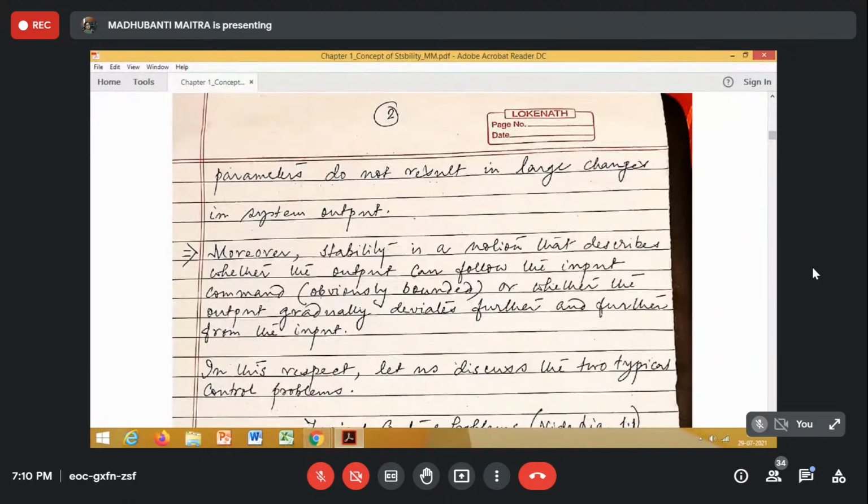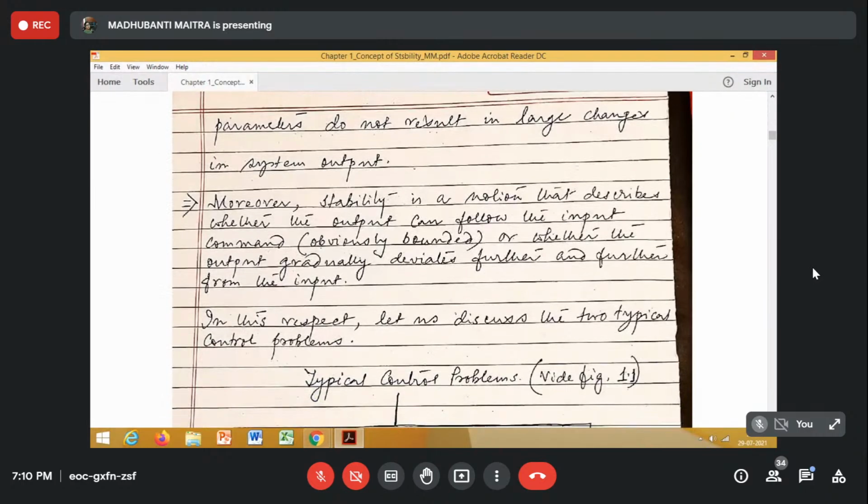Okay. So, moreover, stability is a notion that describes whether the output can follow the input command, and obviously an acceptable input command will always be bounded in nature, or whether the output gradually deviates farther and farther from the input.